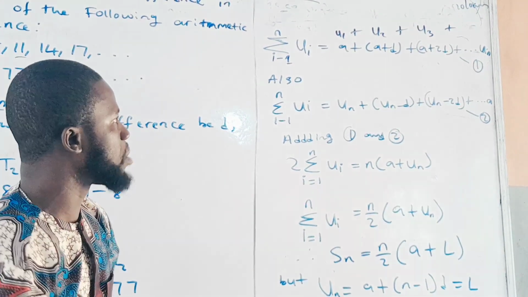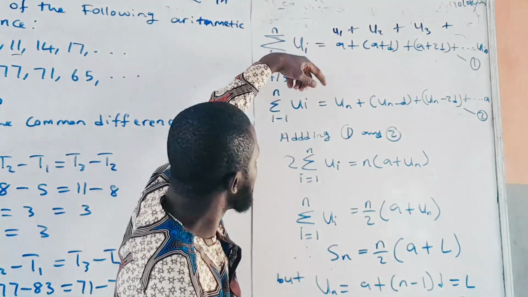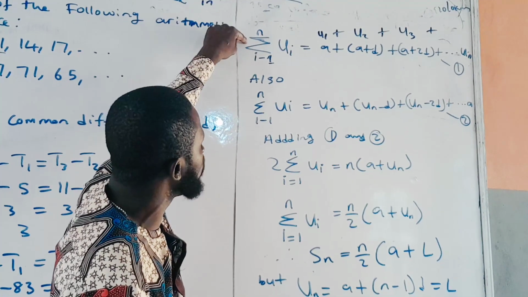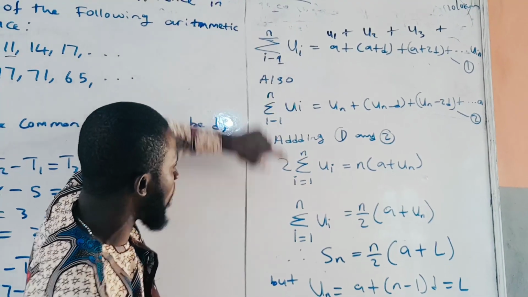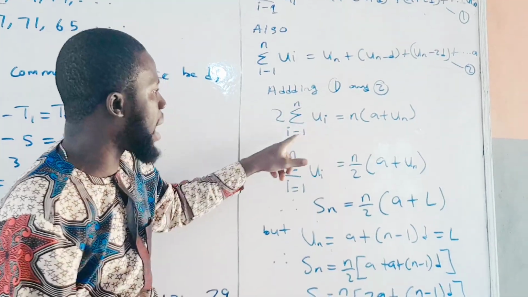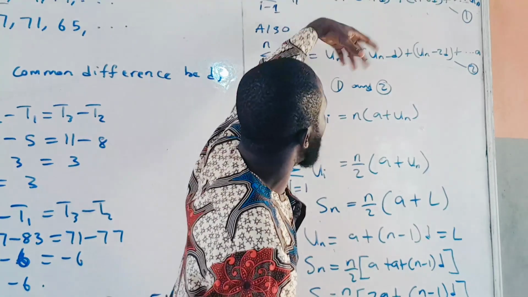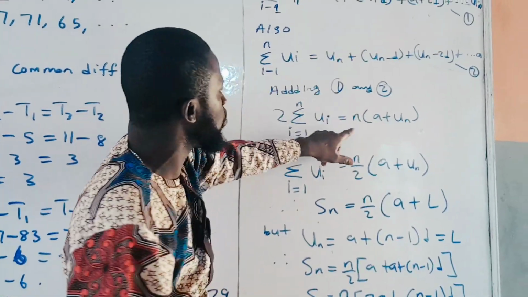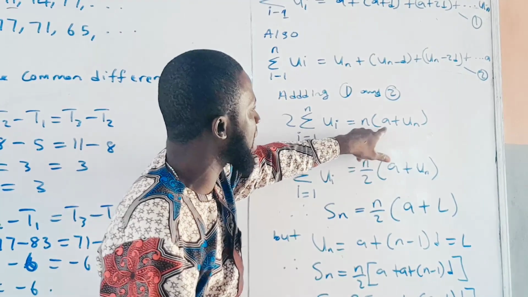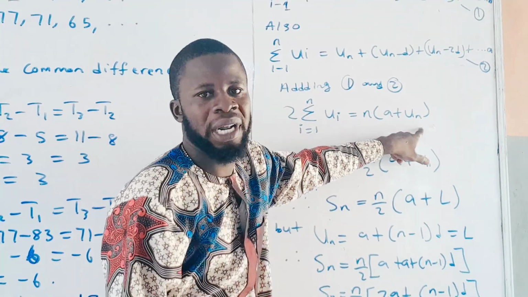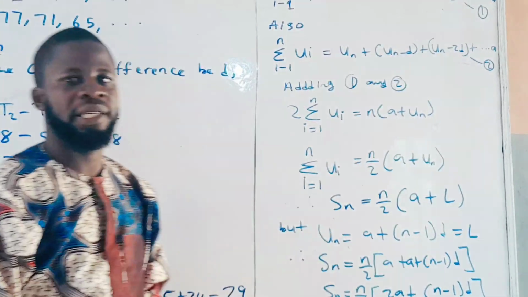By the time you add them together, you see that you have summation twice. That's 2 times summation of ui, taking i from 1 to n, and that will be equal to n into bracket a plus your last term. You are going to get this formula.